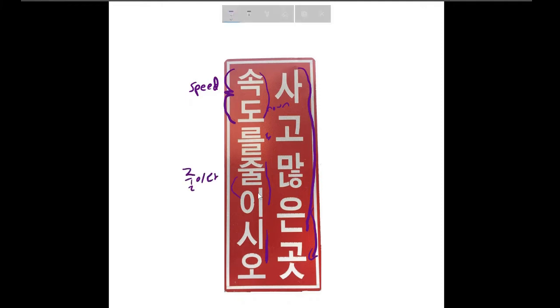The object particle is added to the object of the sentence to indicate that this verb is going to be acting on this noun, and it happens to be speed. So it's a command that says, do this to your speed.